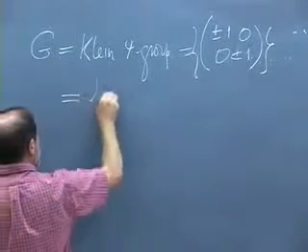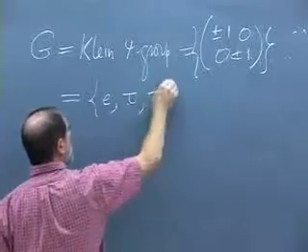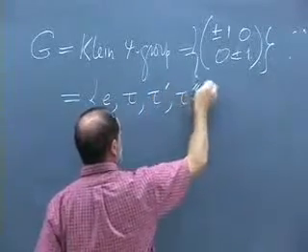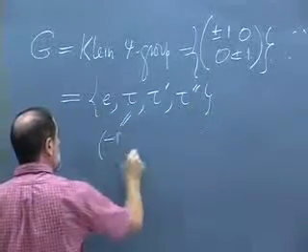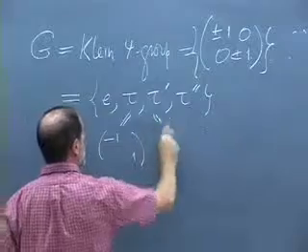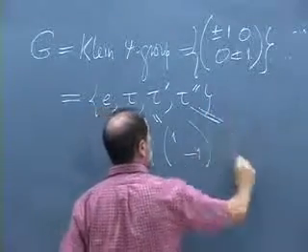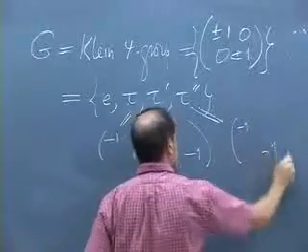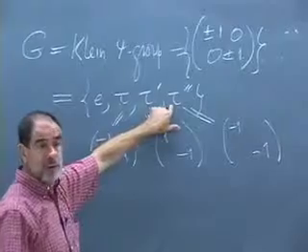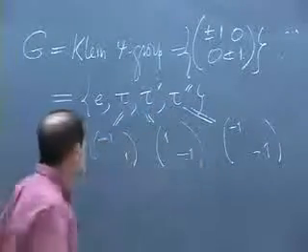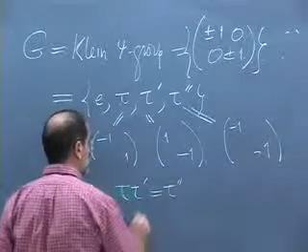There's the identity element, and then there are 3 different things of order 2. This could be the matrix (-1, 1), this could be the matrix (1, -1), and this could be the matrix (-1, -1). They have the property that if you take the product of any 2, you get the third. You have to check that, but that's not so hard. So, for example, tau tau' is tau'', etc.